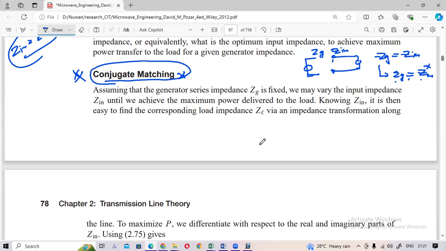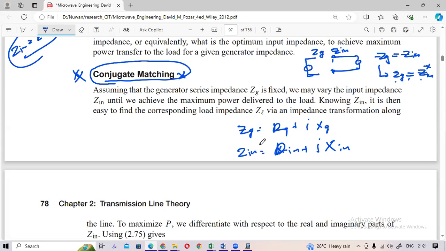That is what we refer to as conjugate matching. This is very important. Let's say that Zg is Rg plus jXg, and Z in is R in plus jX in.